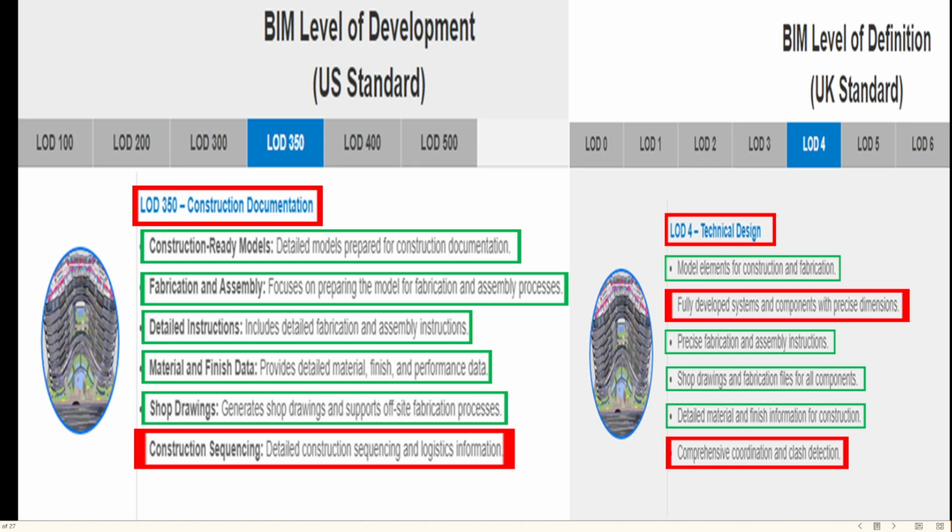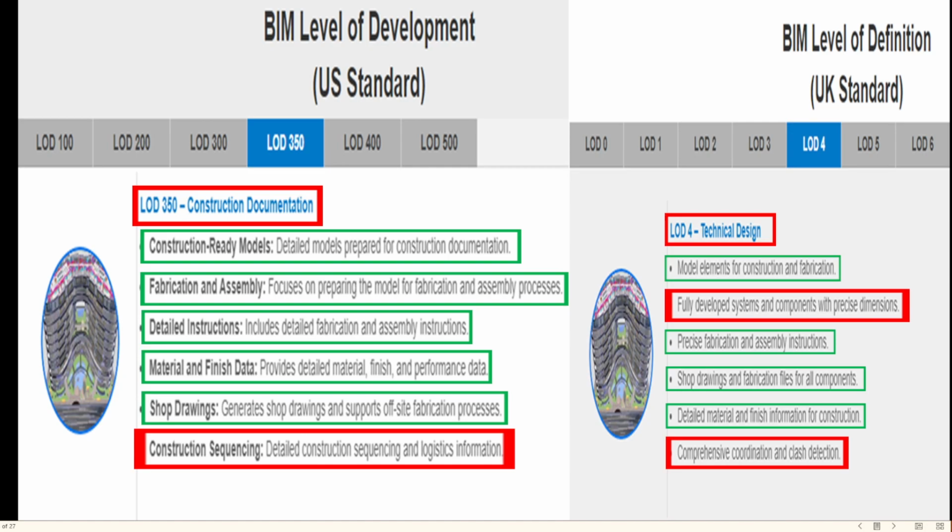While construction document LOD 350 is seen in the USA standard, LOD 4 called technical design is seen in the UK standard. Besides model feed by documents, fabrication and assembly sections, detailed material and finish information and performance data for construction, generating shop drawings files and fabrication for all components and support of site and the fabrication process are available in both standards.